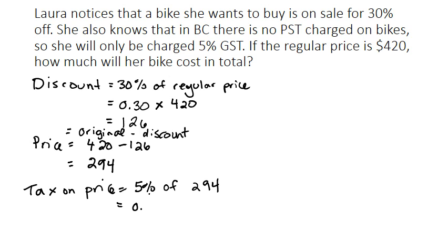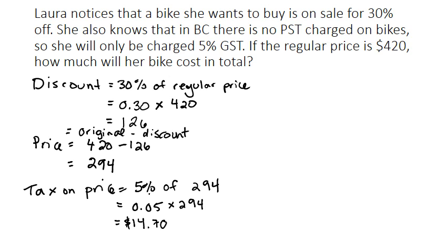So then it'd be 0.05 times 294, and that is equal to 14.7, which again, because it's money, I'm going to put 14.70, and that is my taxes on it.